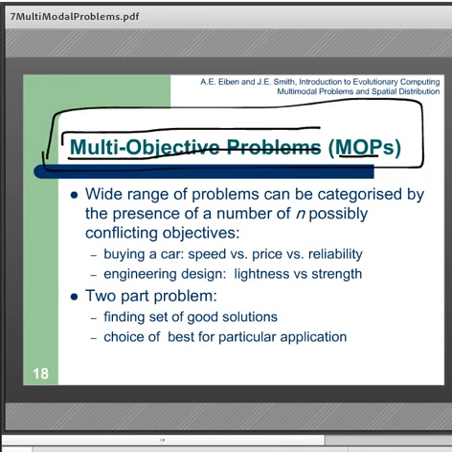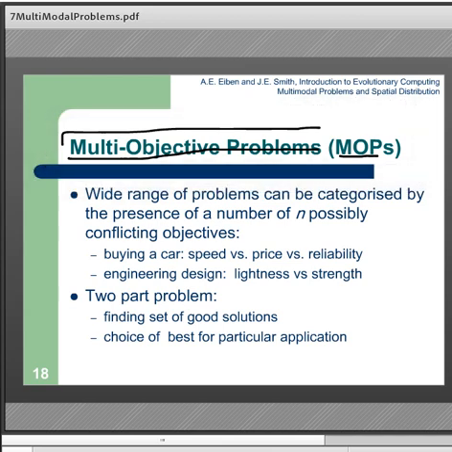Here we want to explain a new EA, multi-objective, or MOP. Multi-objective, or multi-fitness, is related to those problems that have more than one fitness.